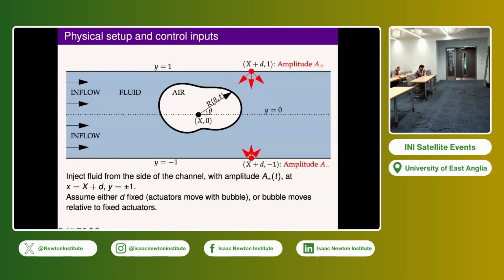Okay, so how does the system setup work? As this bubble propagates along, I inject fluid at just two points on either side of the channel, and I can pick what those amplitudes are. I should say that in this moving bubble experiment, in the maths, it's beautiful and lovely: you can say these injection points just move with the centre of mass of the bubble.